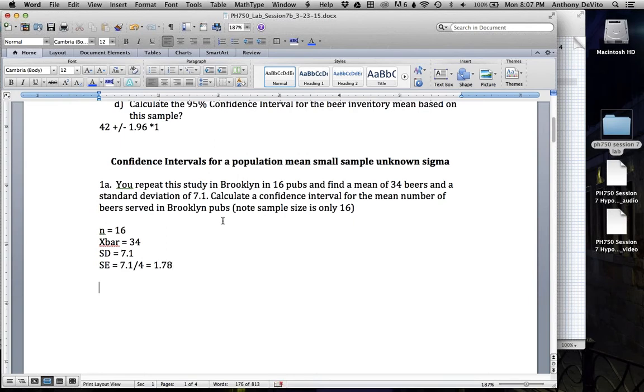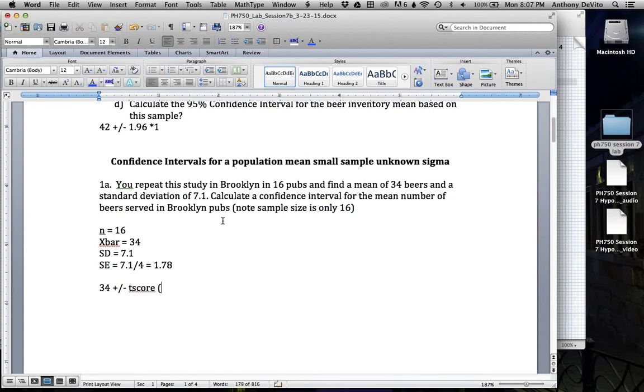Now, what's my 95% confidence interval for the mean number of beers carried by pubs in Brooklyn? It's going to be X bar, which is 34, plus or minus, well, now I'm going to hold off on this because I can't use the z-score. I can't put 1.96. I have to put a t-score in there.